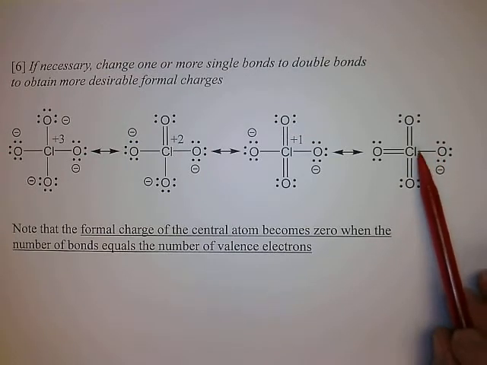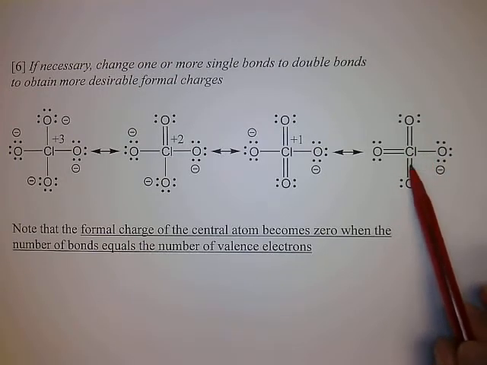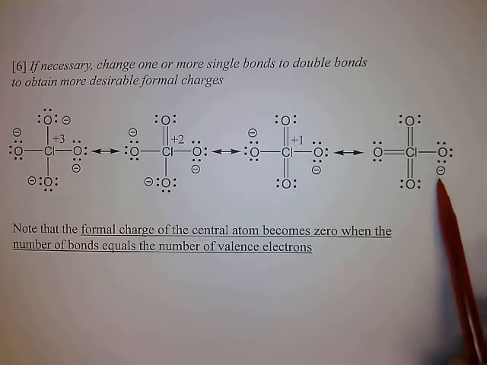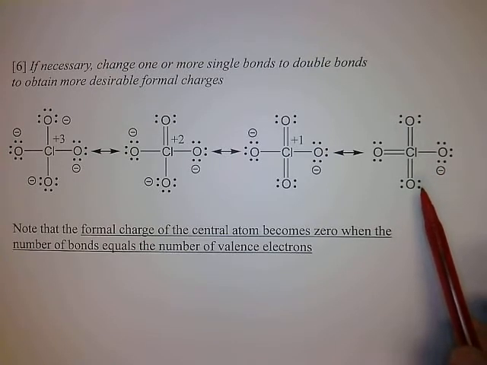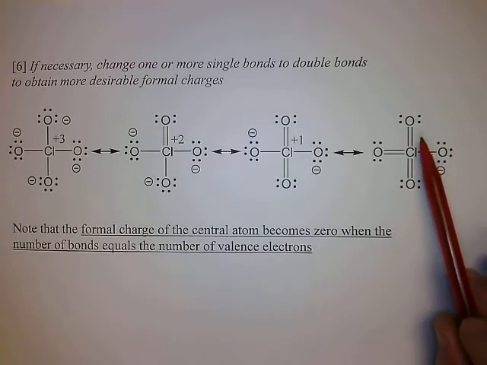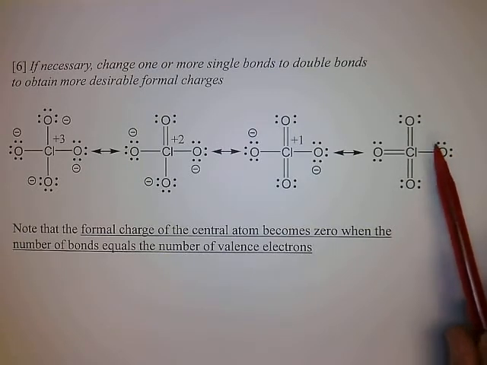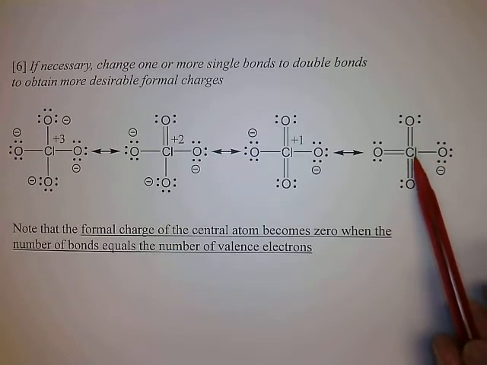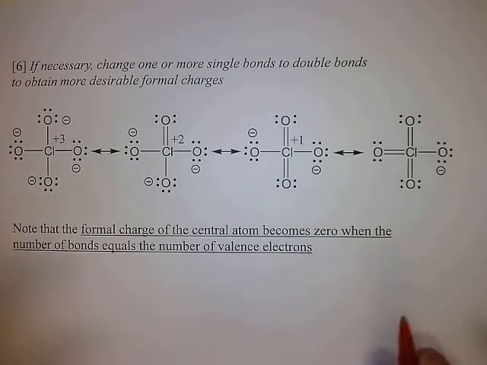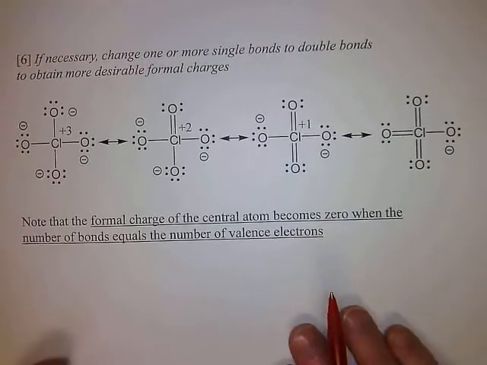But we would now swing in the other direction. We'd have a negative charge on the central atom, on the chlorine. So we would not be accomplishing that much. We can't get rid of the formal charges entirely. If we did do that, the negative charge would be on the chlorine instead of the oxygen, which wouldn't be a bad structure, but it's probably better to have the negative charge on the oxygen because the oxygen is the more electronegative element.